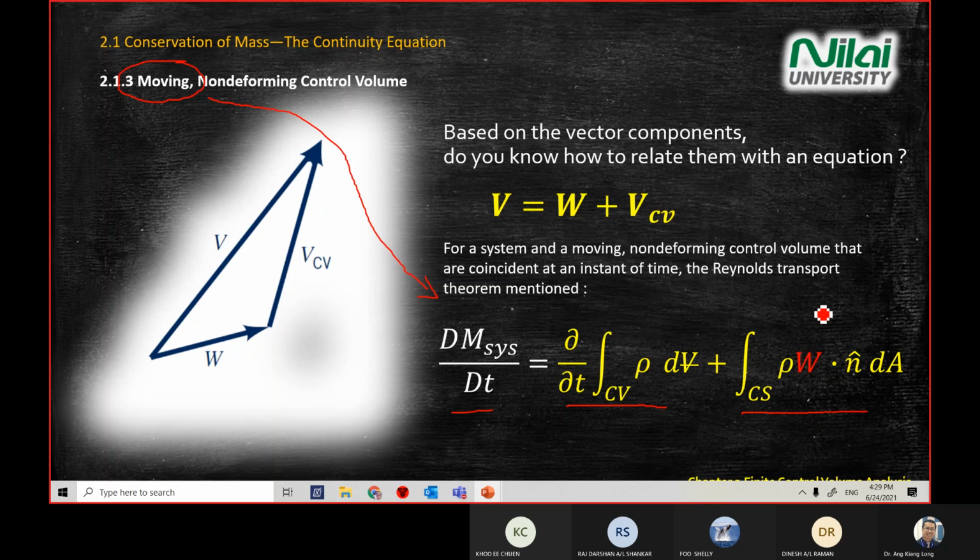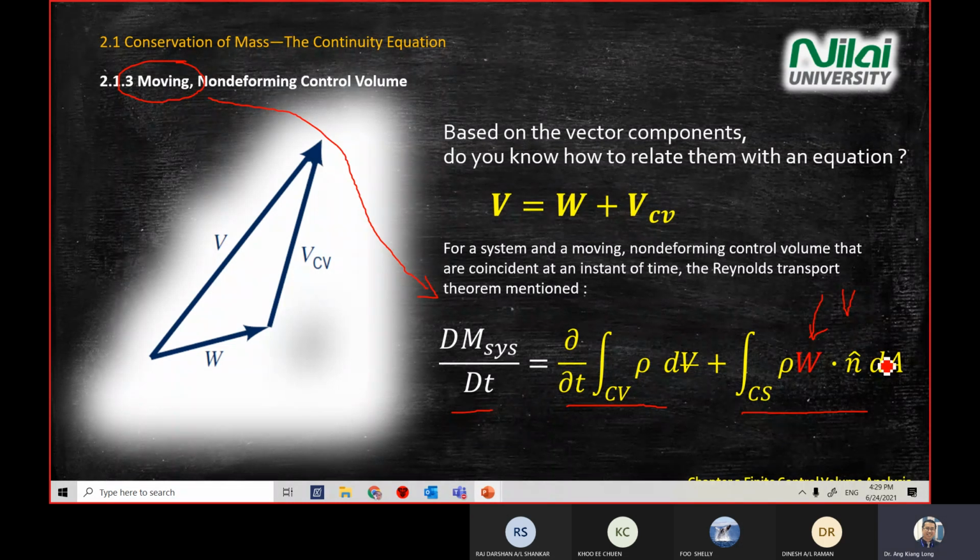Only the velocity V for the control surfaces is changing. It will become W when you are solving a moving control volume. The previous one, the fixed one, we use V. But for moving, we use capital W. So take note.